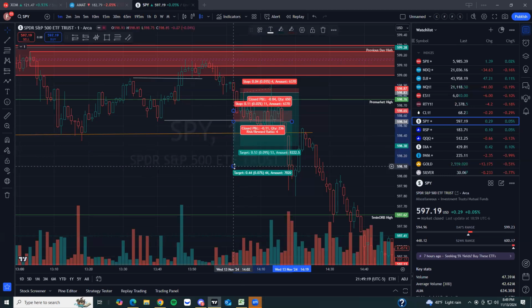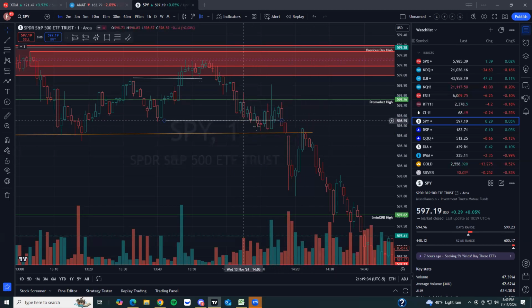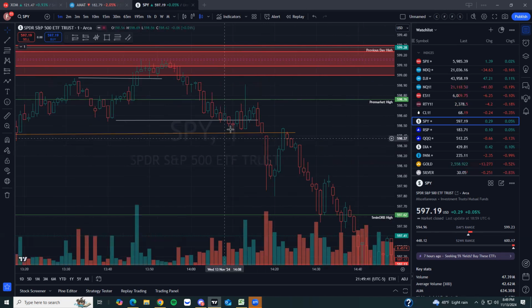Oh, they broke the neckline, I'm going to go short. That wick went all the way up. What did it do? Knock them all out, right? It grabbed orders. That's what a liquidity sweep is. It just kicked everybody out of their orders. And what did it do? Start going back in the same direction. That's why you don't chase it when you see that break.